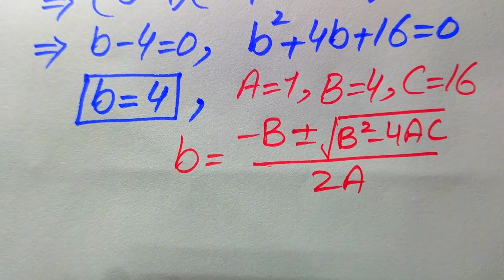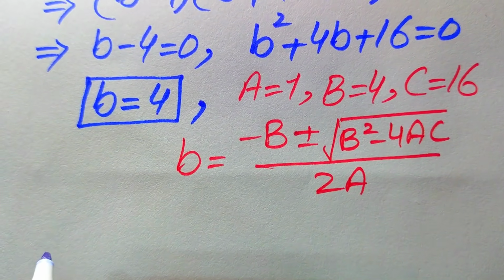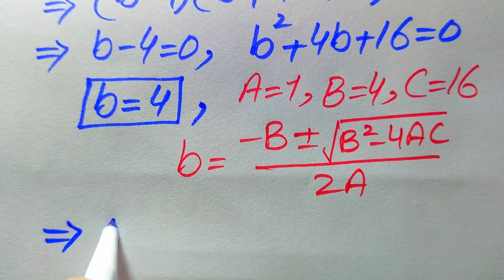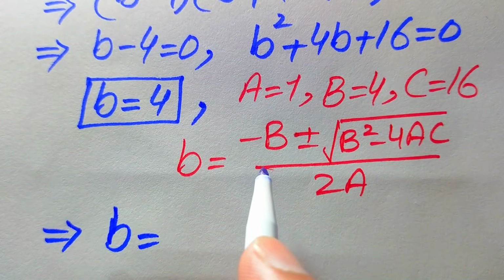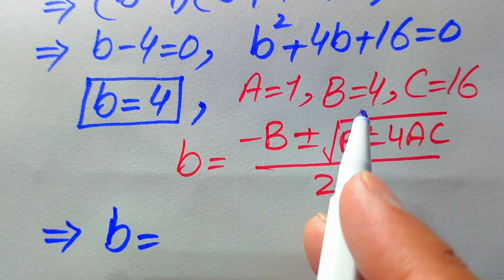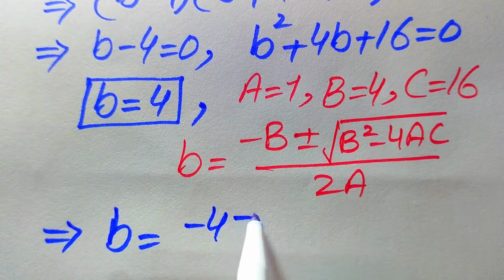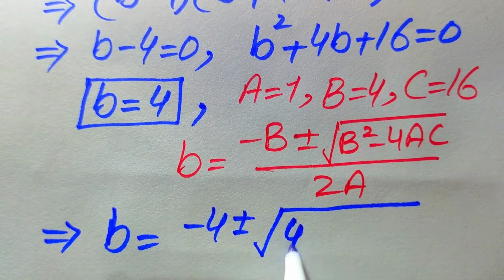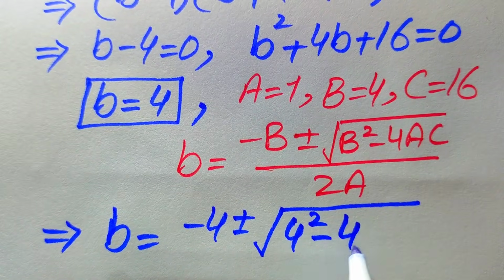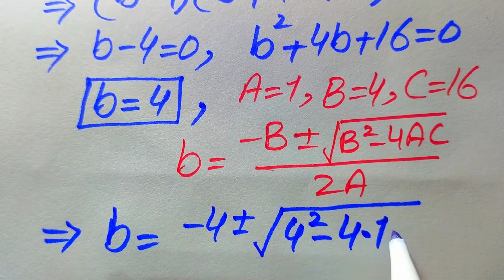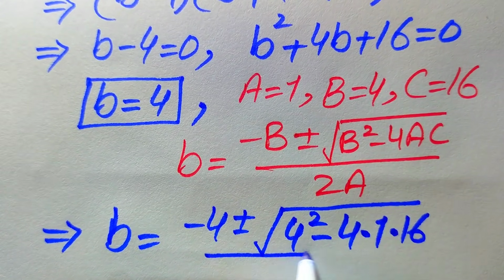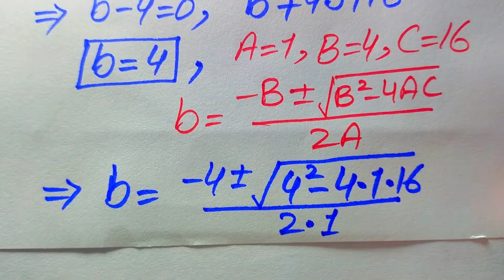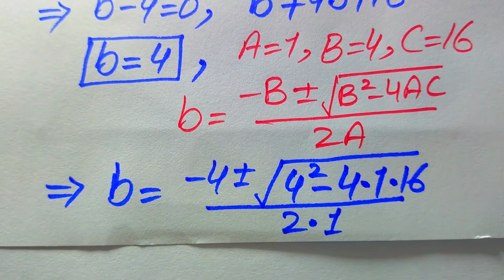Here we substitute all the values of A, B, and C, and this will be written as b equals minus 4 plus minus square root of 4 square minus 4 times 1 times 16, divided by 2 times 1.